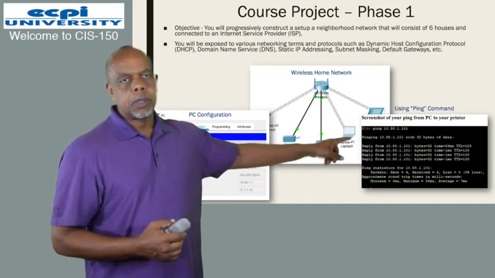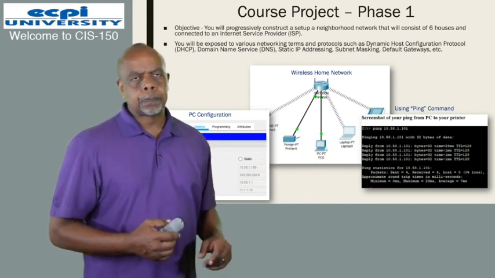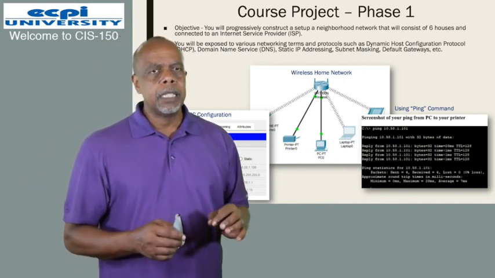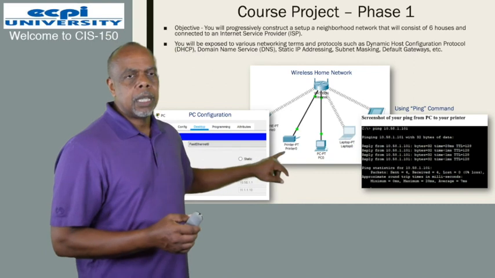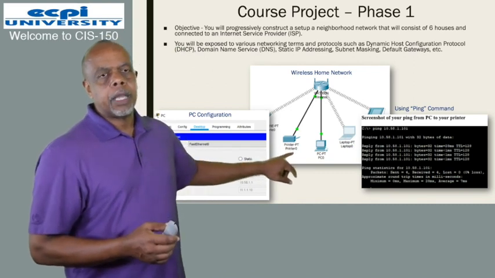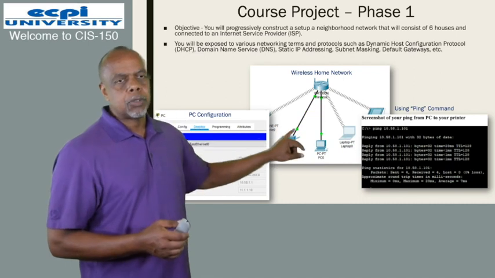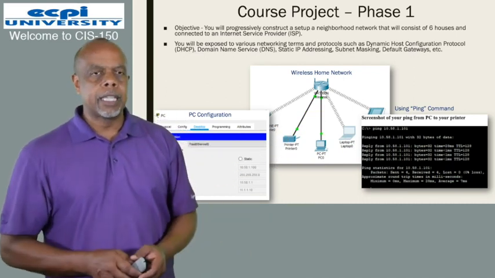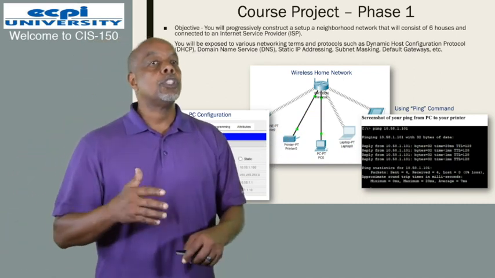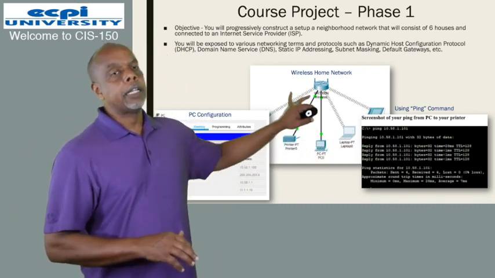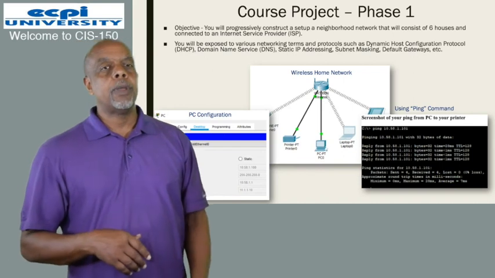I sent this ping packet from my PC to the IP address of the printer, and you see the responses. So ping goes out and sends a response back. That way I know that my connection is made. As you go through these phases and build out this project, you're going to be using ping quite a bit to ensure that you have connectivity.